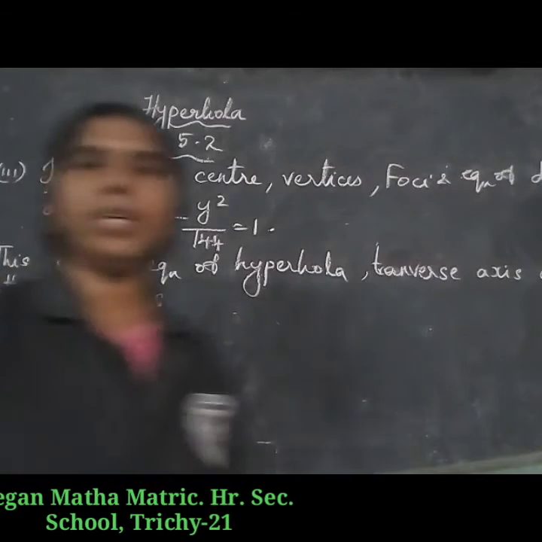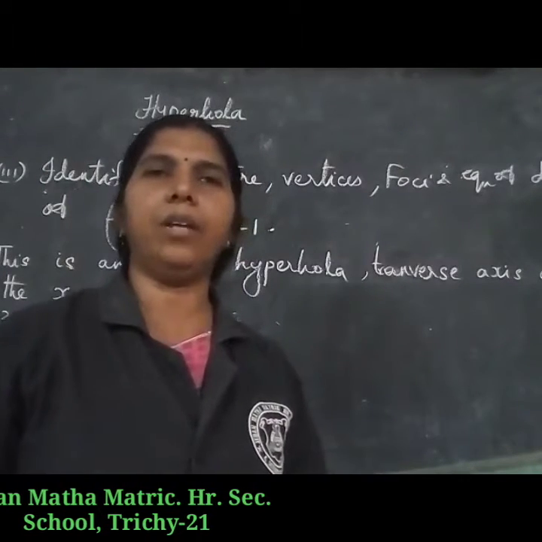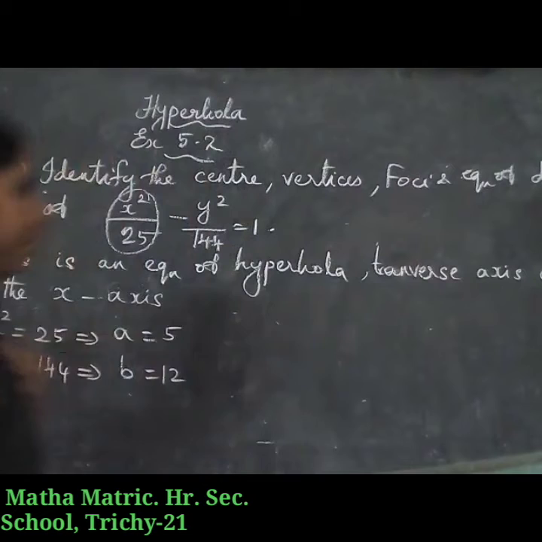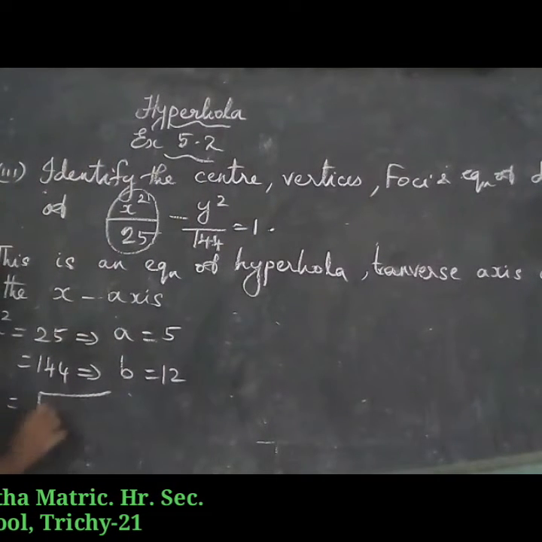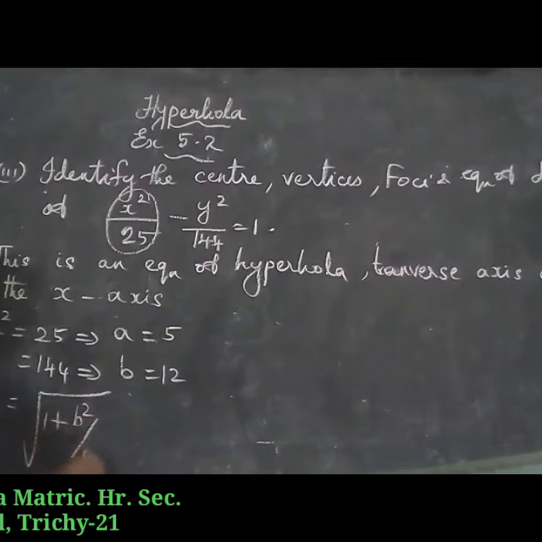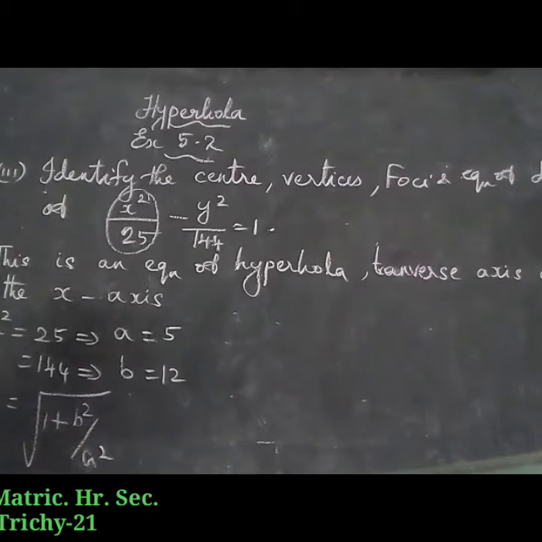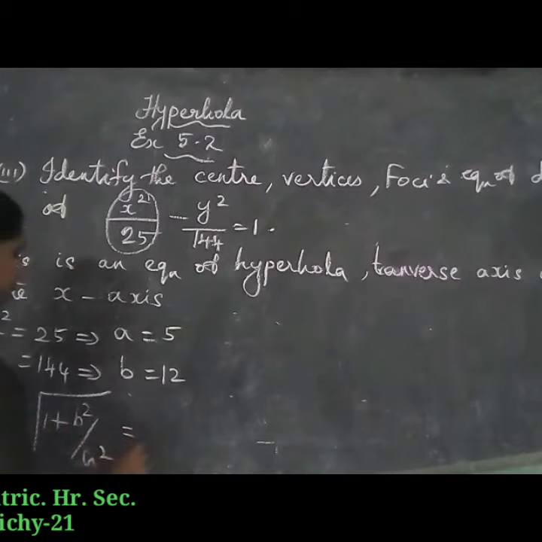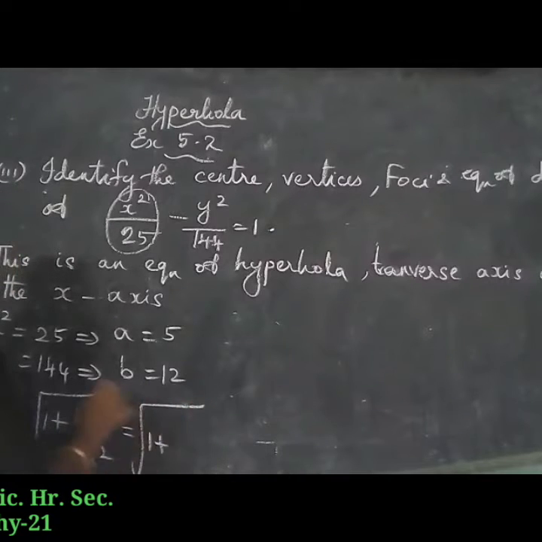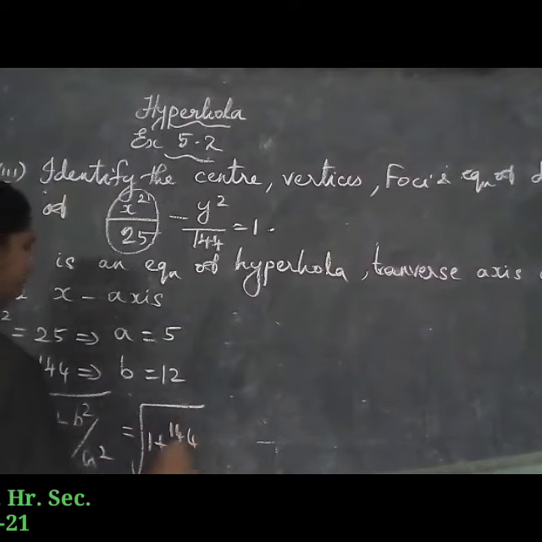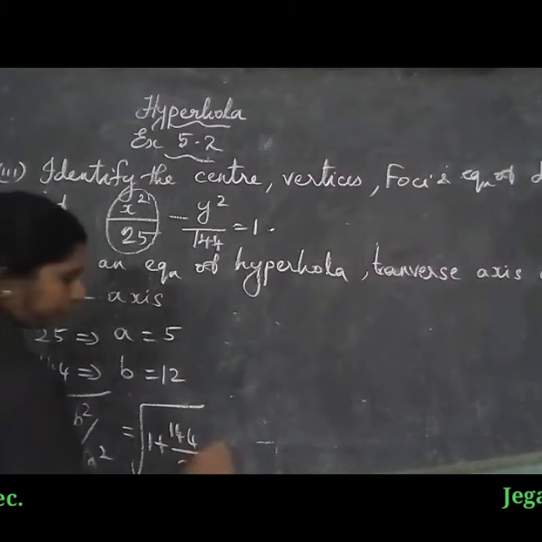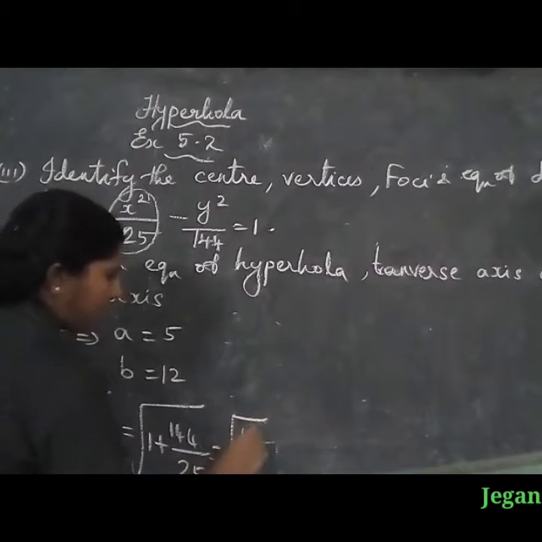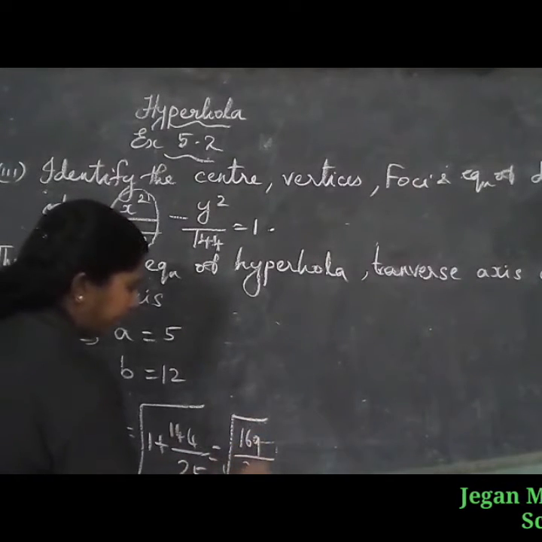So to find the focus, we need the value of eccentricity. Eccentricity is equal to root of 1 plus b square by a square. Substituting the values of b square and a square, root of 1 plus 144 divided by 25, that is root of 169 divided by 25.